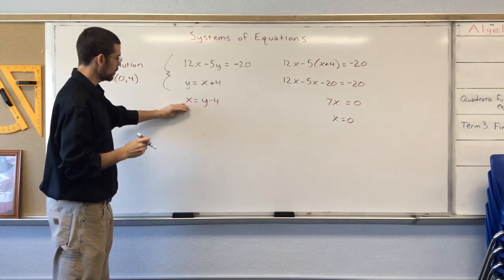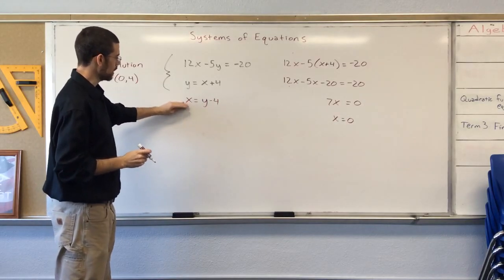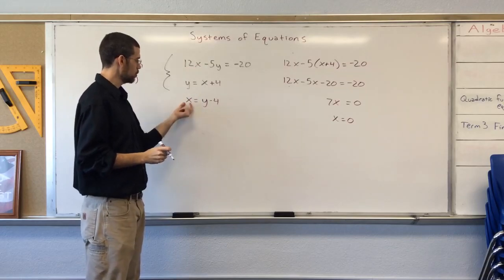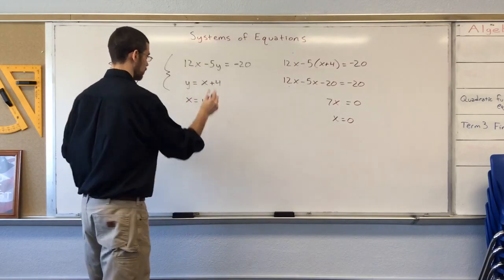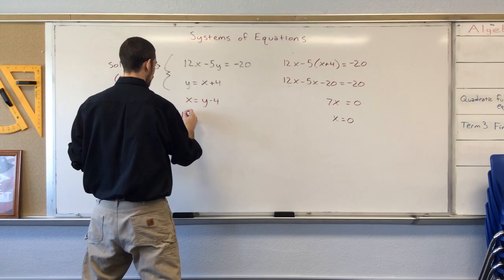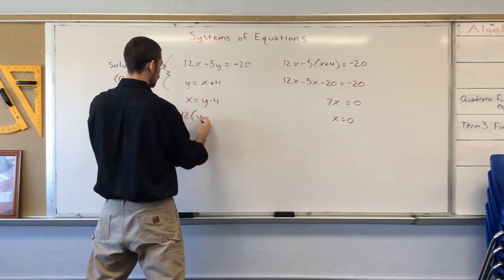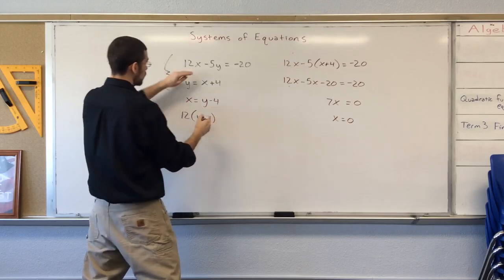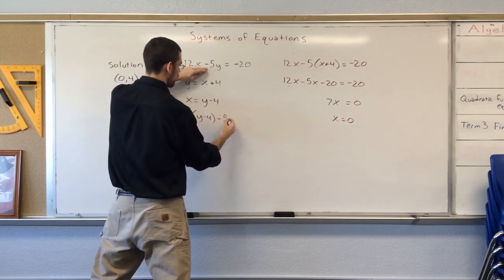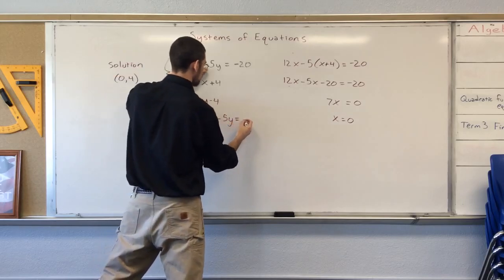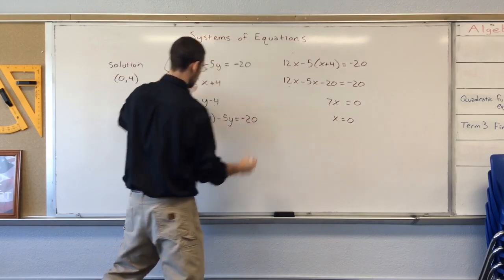So here we have this statement, and we can make a substitution. Anywhere we see an x here, we can replace it with y minus 4. Let's do that. So 12 times, instead of x, we're writing y minus 4, minus 5y equals negative 20.